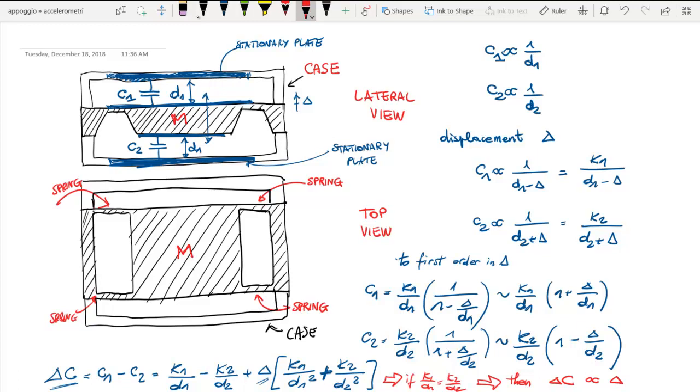And now we only need to transform the difference between two capacitances into a voltage. And this is how it works. We can see a simple example of the last transformation.